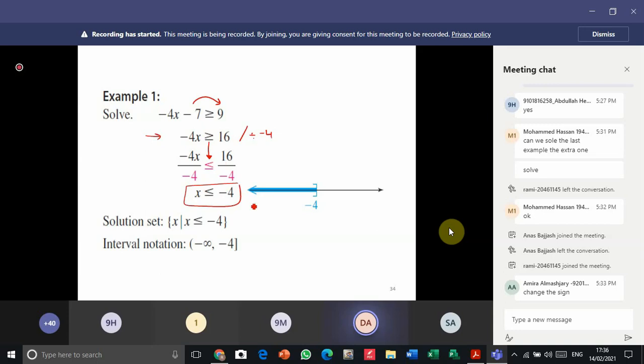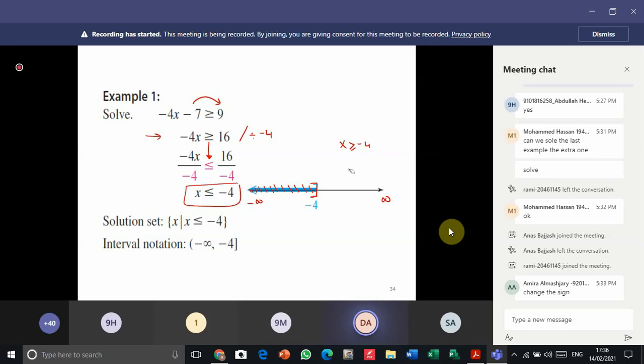On the real line, we have negative infinity to infinity. Look at this. We have x less than or equal to negative 4, not greater than, less than. So we have this region, less than negative 4. If we needed greater than, it would be this one, greater than or equal to negative 4.